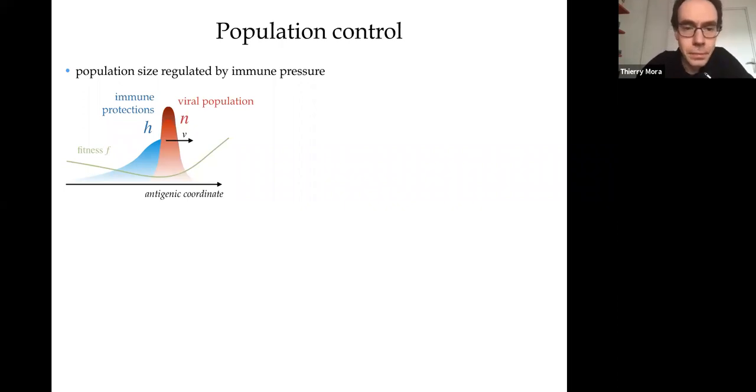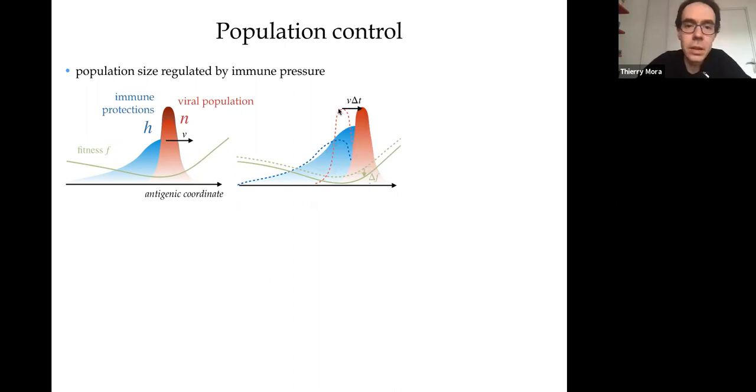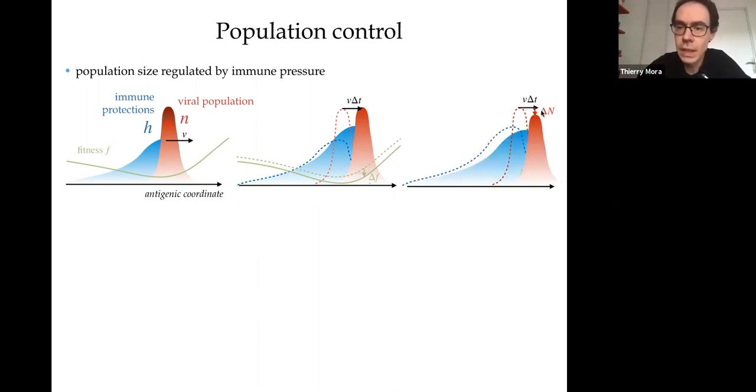What this will do is that some time delta t later, the wave will move, but then the immune pressure will also be higher behind. And if the immune pressure is higher, the fitness is lower, and if the fitness is lower, then this will actually decrease the population size. So the population size eventually converges to a fixed point, a set point.